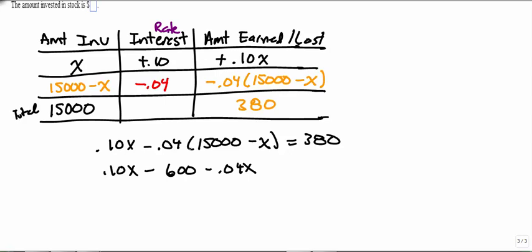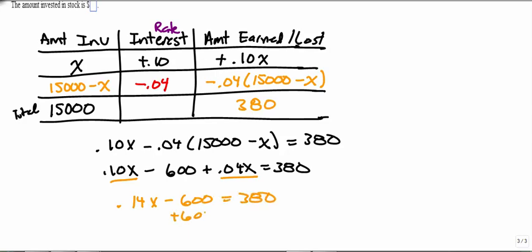Whoops, that's not a minus though. A negative times a negative is a positive. Equals 380. And then I can combine my like terms. 0.10x plus 0.04x is 0.14x minus 600 equals 380.